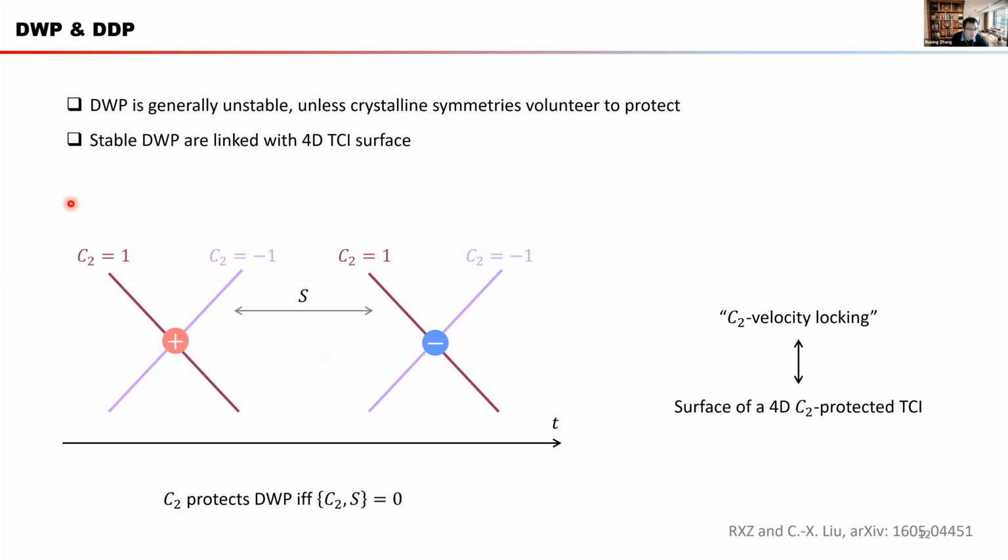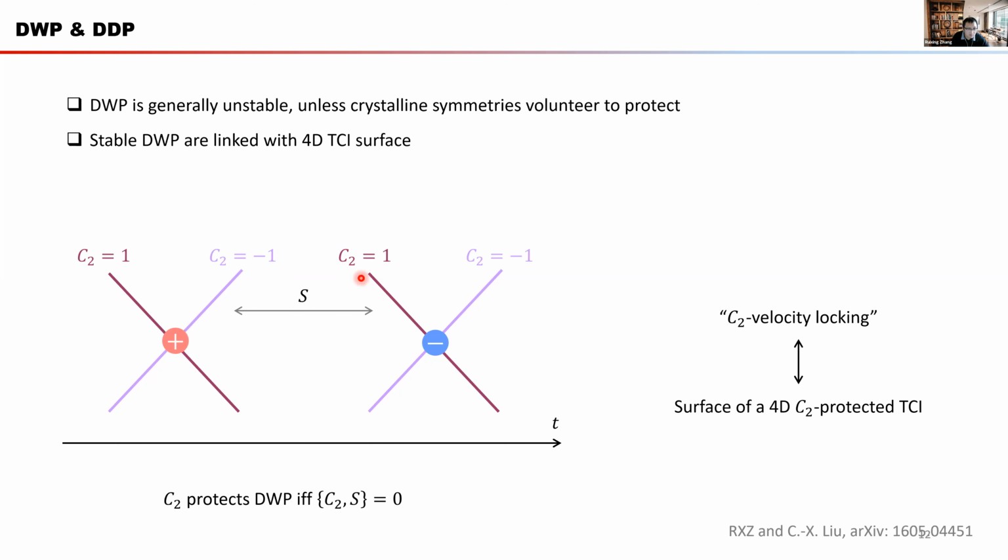Here is just an example that I want to demonstrate how these Weyl nodes can be stabilized. We consider a C2 symmetry, and in particular, we want the C2 symmetry to anti-commute with chiral symmetry. So along the rotation-invariant axis, which is also the time axis, suppose you have a right mover with C2 equal to -1. Then because of this anti-commutation relation, the corresponding left mover, which is related by chiral symmetry, must carry C2 equal to +1, right?